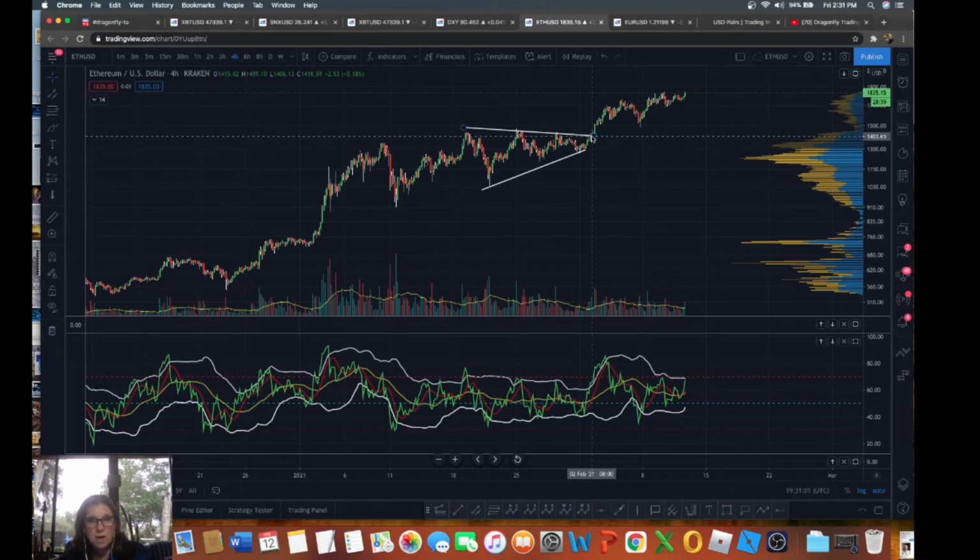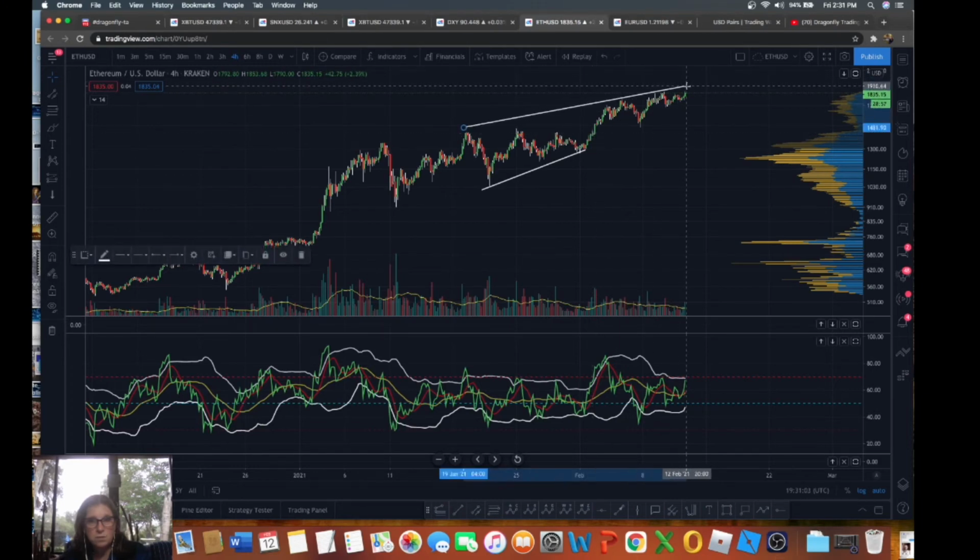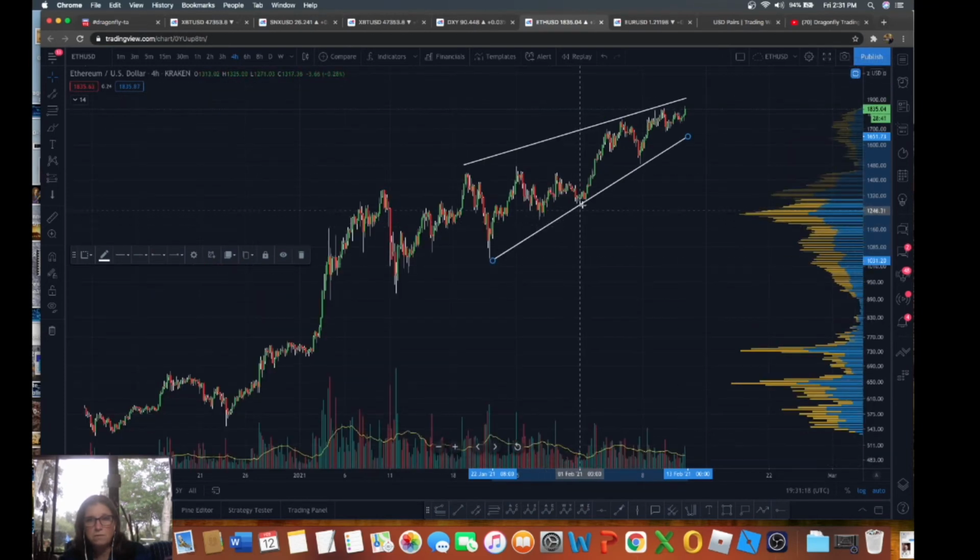So the only thing I can really think of is that we're making some type of wedge here, an ending diagonal of some sort. And where it actually begins, I'm not sure. But say the correction ended here, okay? The correction ended here. We do have 5 waves to the upside. So to me, this looks like a 4th wave.